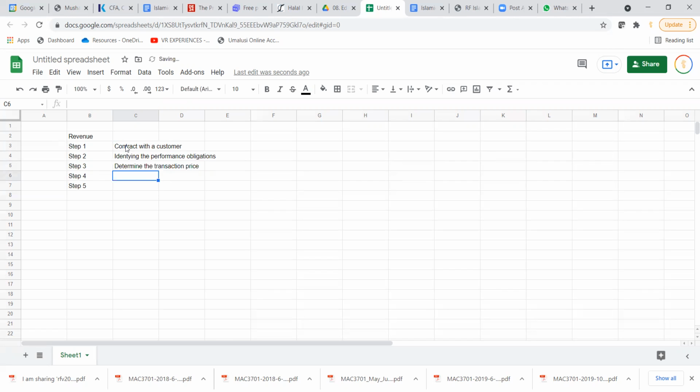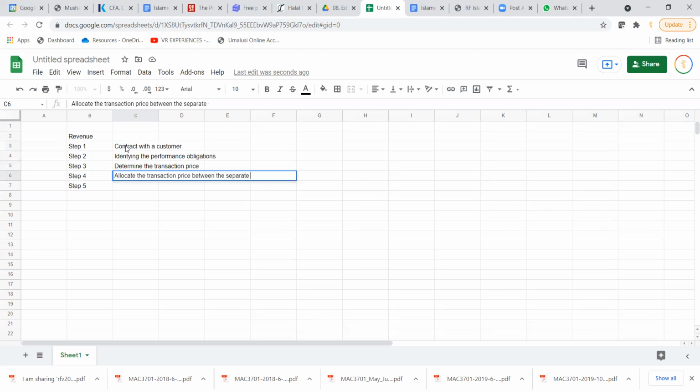Step 4 is to allocate the transaction price between the separate performance obligations.